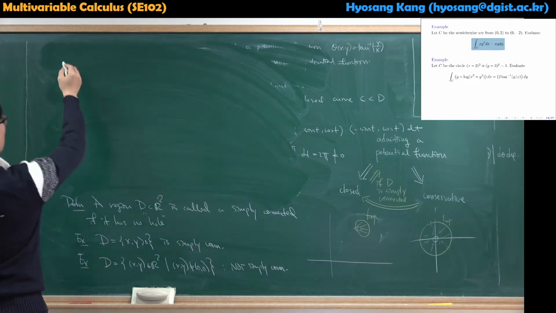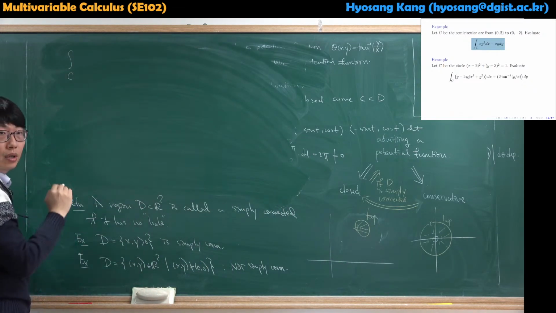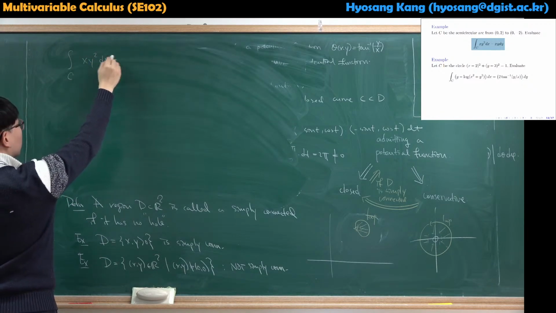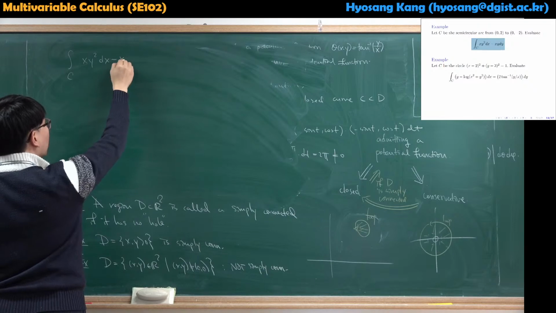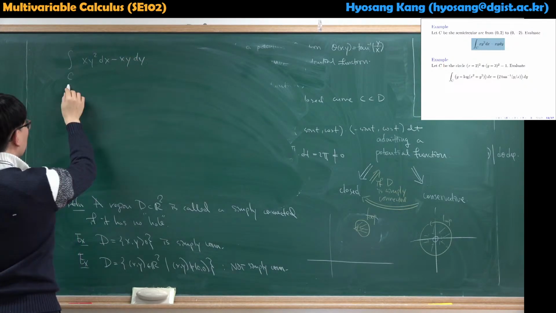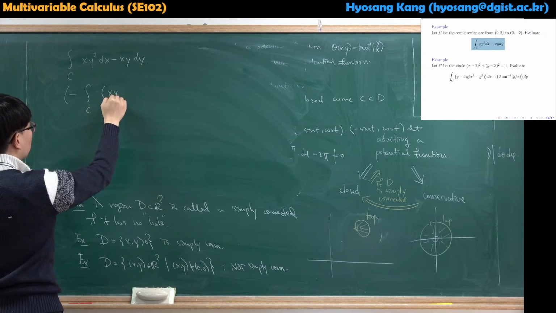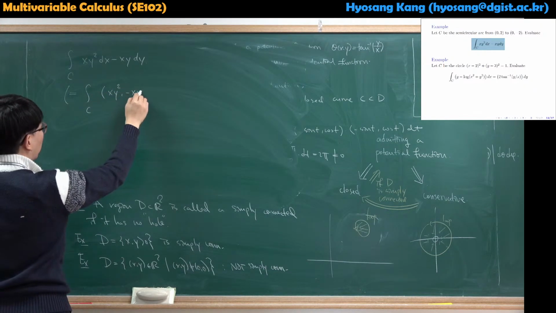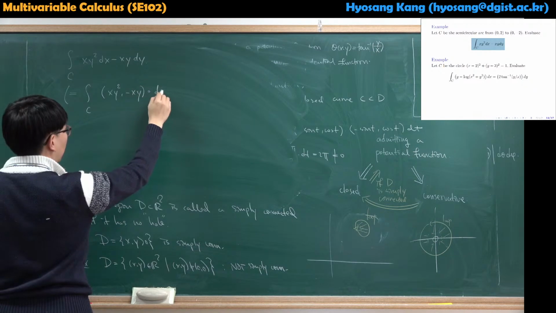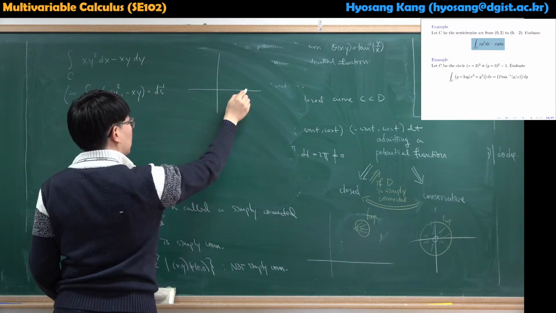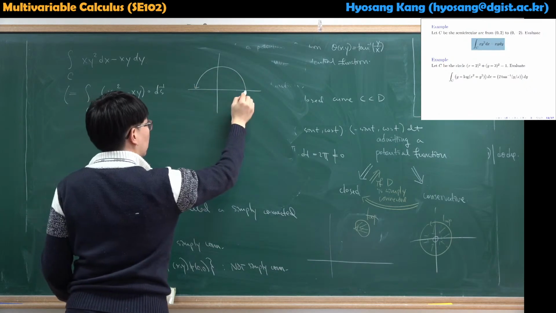We have the integral over C of xy squared dx minus xy dy. In other words, this equals the integral of (xy squared, minus xy) with respect to the vector differential.